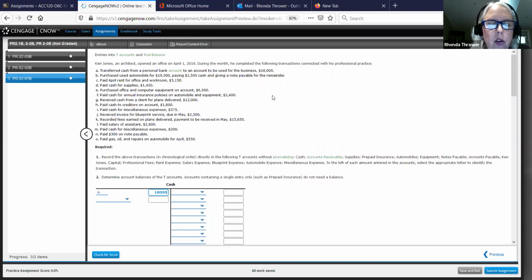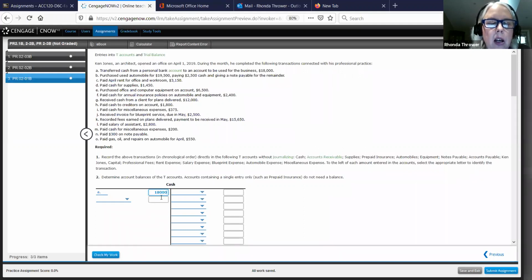Remember from last chapter that every transaction has to have at least 2 accounts involved. So the first account that we're recording this in is cash. Notice that cash is increasing on the left-hand side, which is the debit side. So my cash is debited in this case.